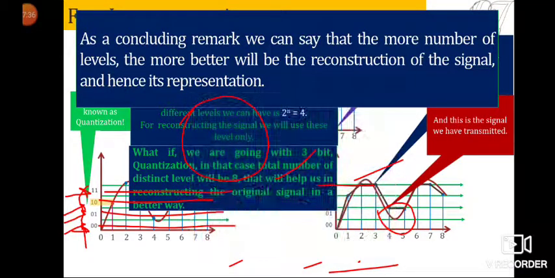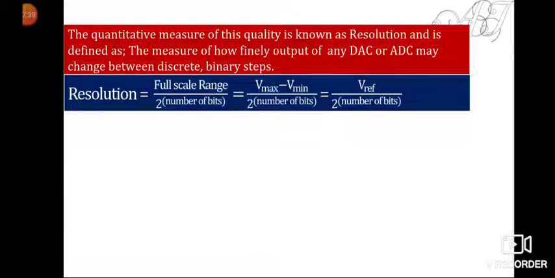Here, the quality we have discussed, we are going to talk about a quantitative measure of that quality, and that is represented with the help of resolution. It is defined as how finely the output of any DAC or ADC may change between discrete binary steps. These are the formulas for calculating the resolution.